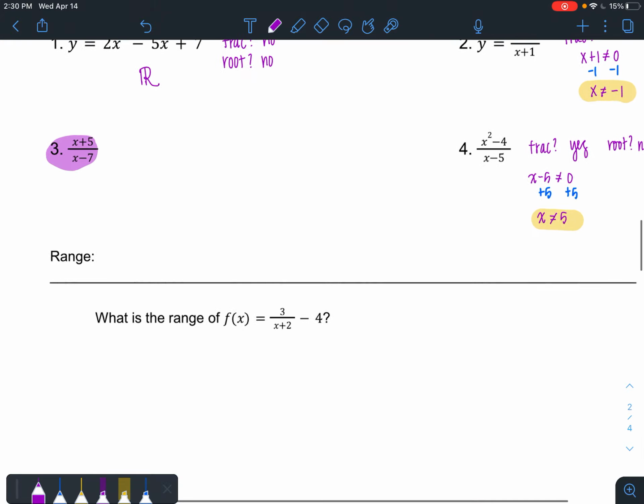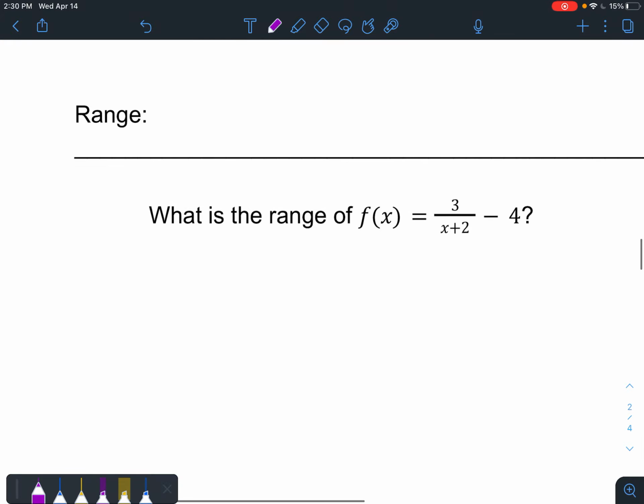So when we are finding the range, it's going to be this value right here. So this right here will set our range. So let me go ahead and highlight that.